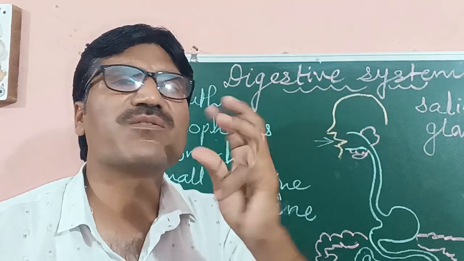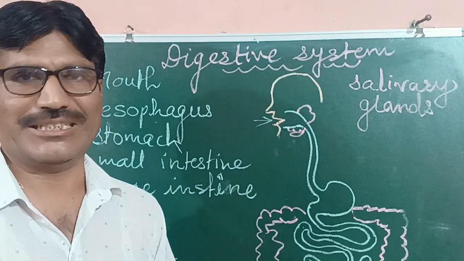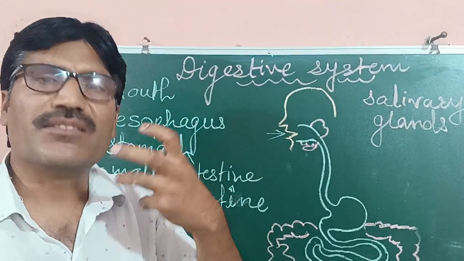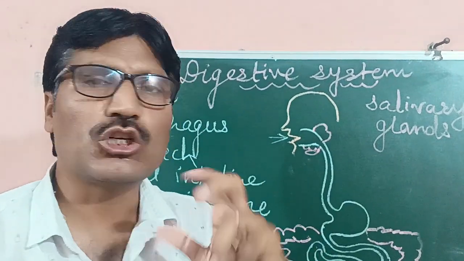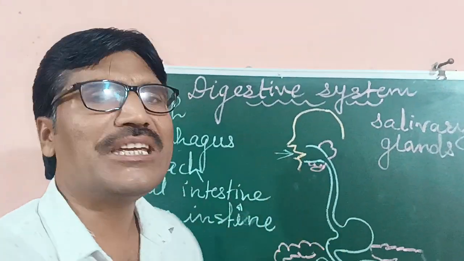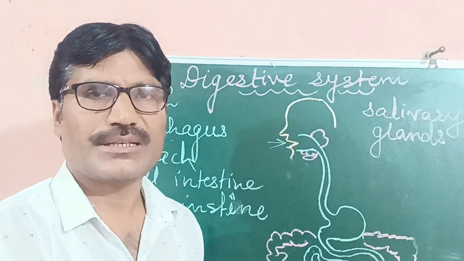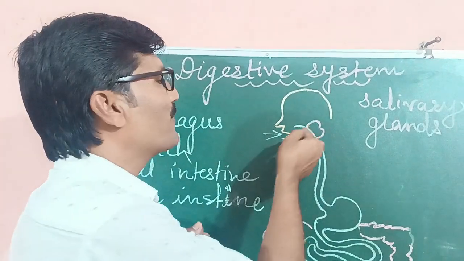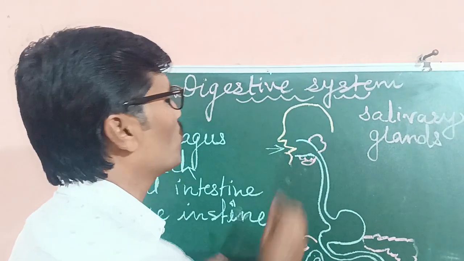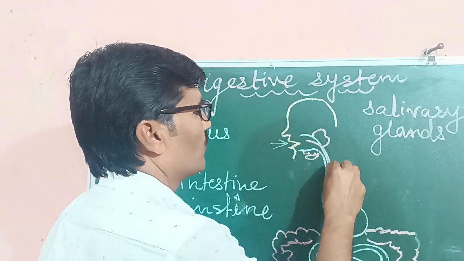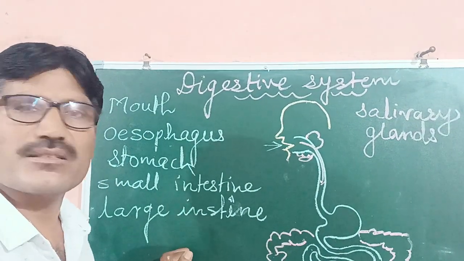A bolus means a soft ball which is chewed properly, which is ground properly. The teeth and the tongue help the food to be chewed and ground properly, and when it is mixed with the saliva, that saliva helps to make it wet so that it can be pushed properly throughout this tube which is called the esophagus.